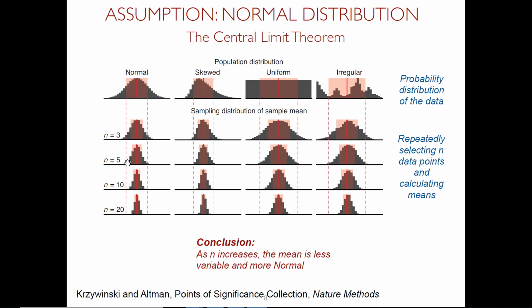Now here we do the same thing, but we take 5 subjects: calculate the mean, 5 other subjects, calculate the mean, and so on, and then we draw a histogram of those means. This is what happens if we have 10, and this is what happens if we have 20. So what do we see? With more subjects, the histograms are much narrower, meaning the means are more similar from one set of 20 subjects to the next.